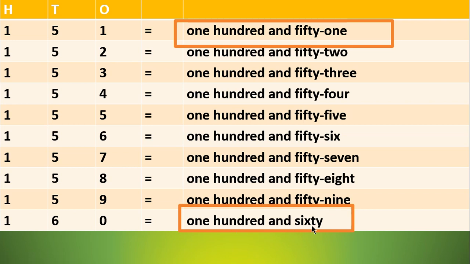O-N-E 1, H-U-N-D-R-E-D 100, A-N-D, S-I-X-T-Y 60, 160. You have to make sure you write all the numbers under their correct place value, put the sign of equals to, and then write in the proper format with correct spellings. Take as much time as you want in learning the spellings. Now let's move on.